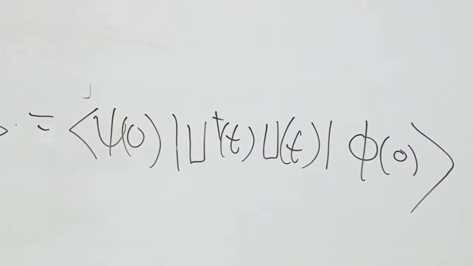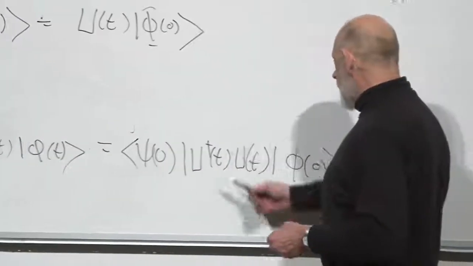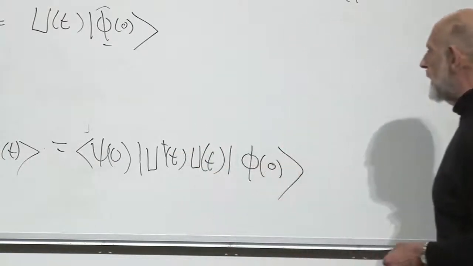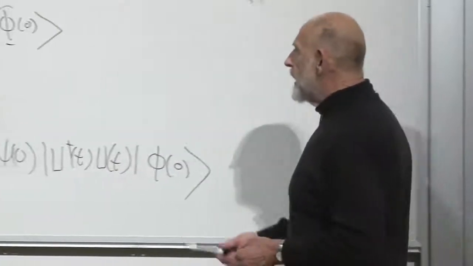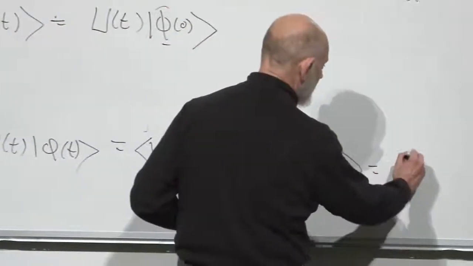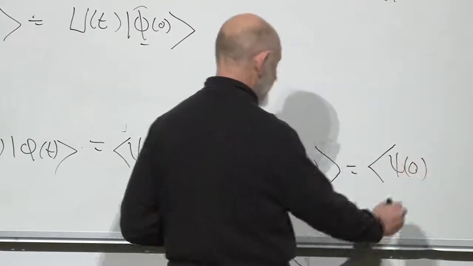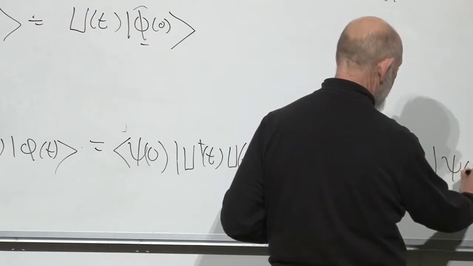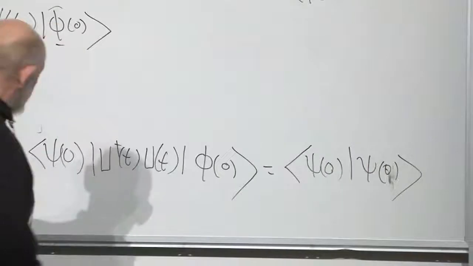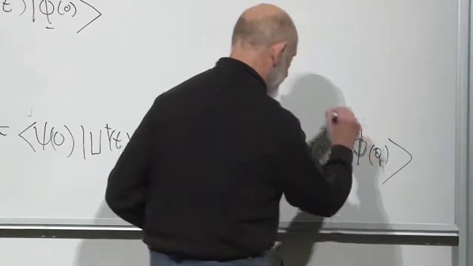And what this says is that for any phi and psi at all, when you plug in the product of U dagger and U, you get something which is exactly the same as had you not evolved the state. The inner product stays the same. Whoops, I think I made a mistake. One of these should be phi, right?